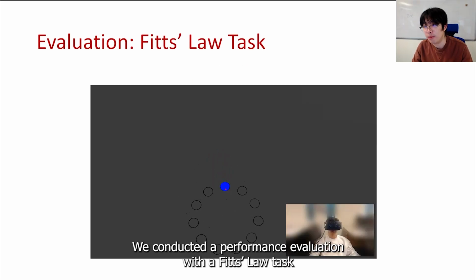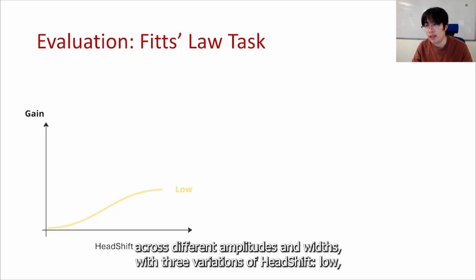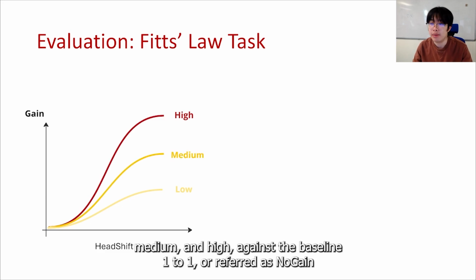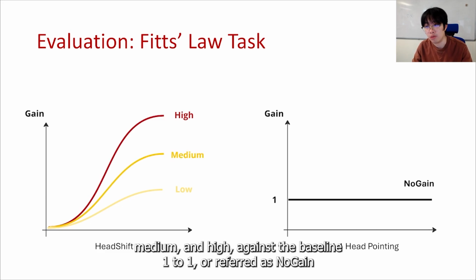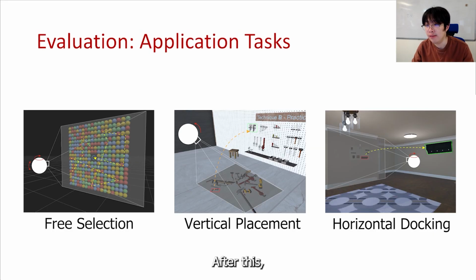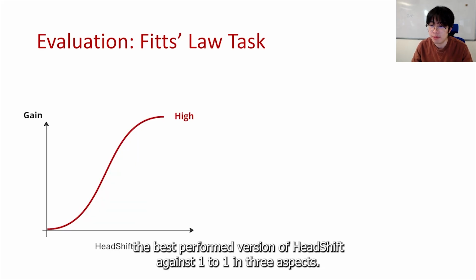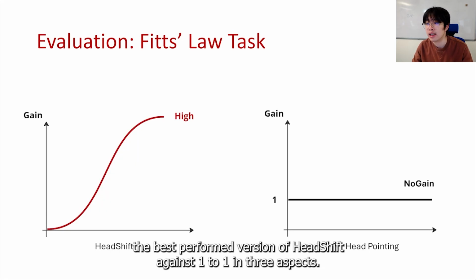We conducted a performance evaluation with a physical task across different amplitudes and widths, with 3 variations of HeadShift, low, medium, and high, against the baseline 1-to-1, referred to as no gain in our study. After this, we also conducted a usability evaluation with 3 applications, comparing the best performing version of HeadShift against 1-to-1.